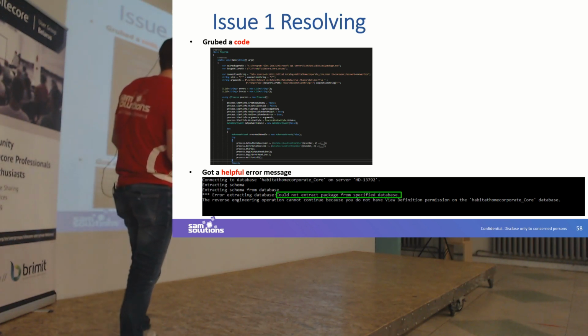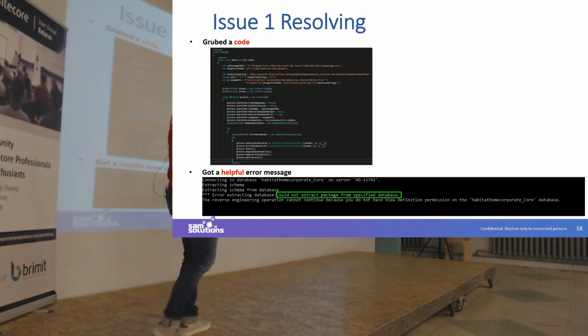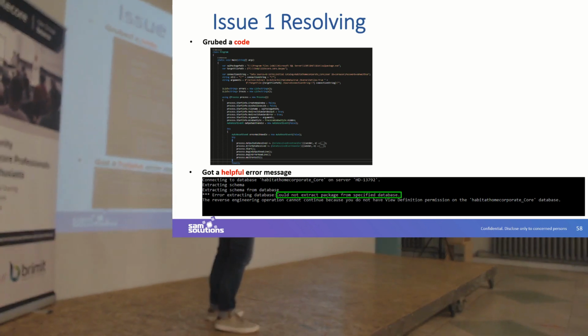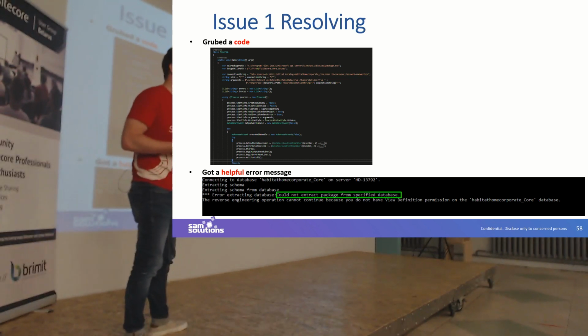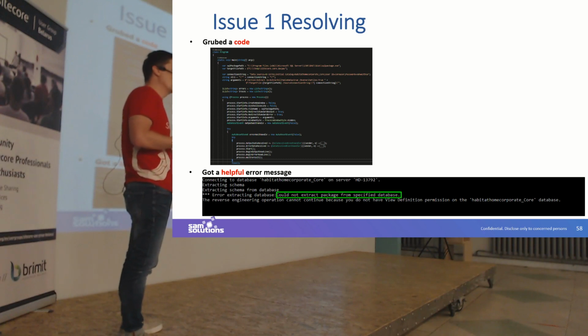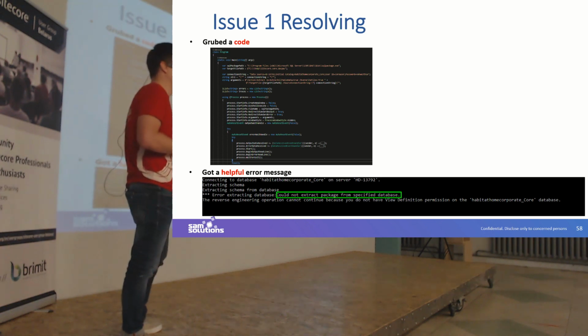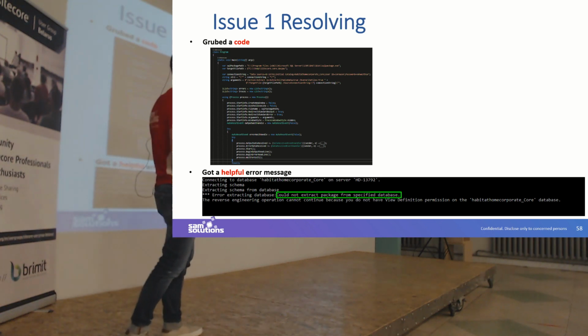Sorry for that, but this is the message. Could not extract package from SQL Server because of some permissions issue. So, okay, I was thinking that my Azure Toolkit does not even grab the DACPAC file from SQL Server.